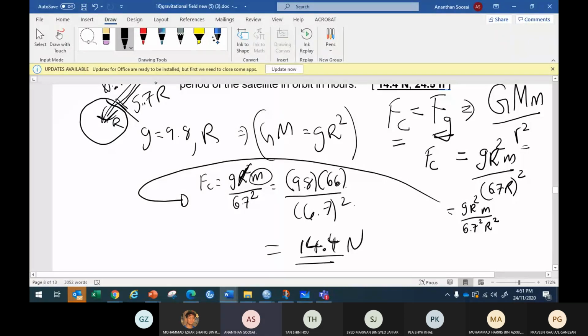In this case, the R on top and bottom is not the same, so you cancel and you get this. Do you get 14.4? 9.8 times 66 divided by 6.7 squared. You get that answer? Yes, 14.4. Okay, so this is the working for the centripetal force.